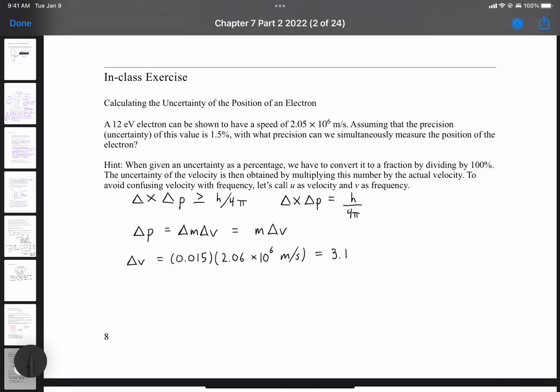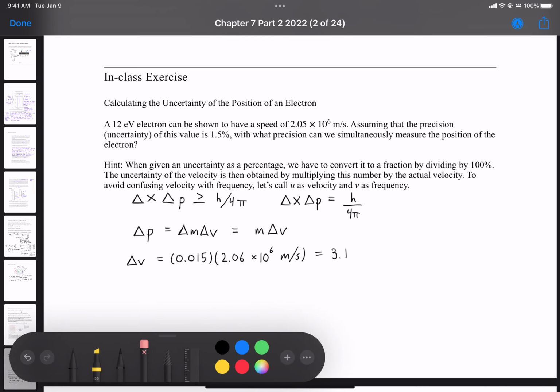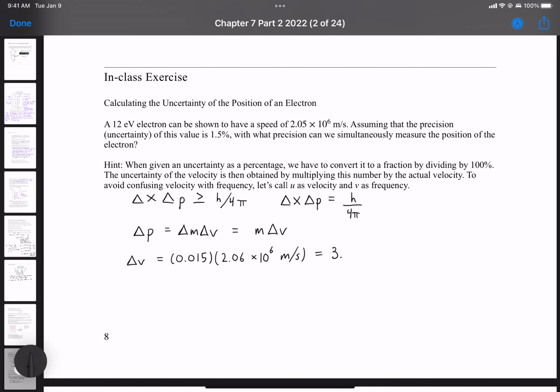Let's make sure here: 2.05 times 10 to the 6 times 0.015. So that's about 3.09 times 10 to the 4th meters per second. So there we go.